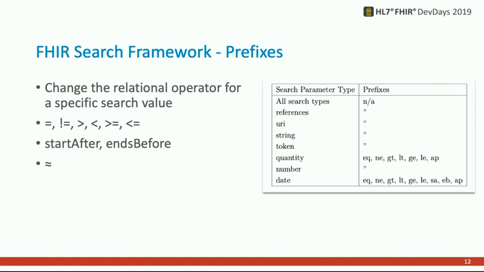So a FHIR server can always include more search results where it expects that the result is interesting to the client, which goes for all the other types too.